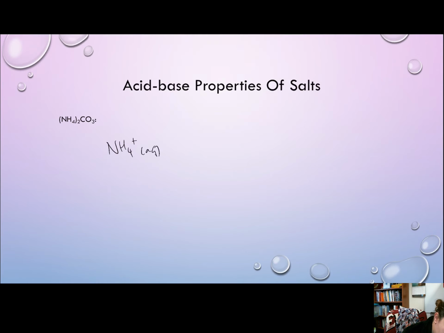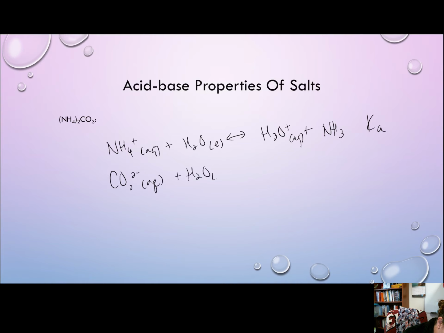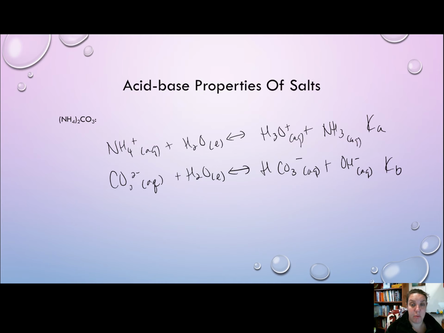If we look at our cation and our anion, we can see that each of them have the ability to hydrolyze water, producing hydronium and hydroxide.